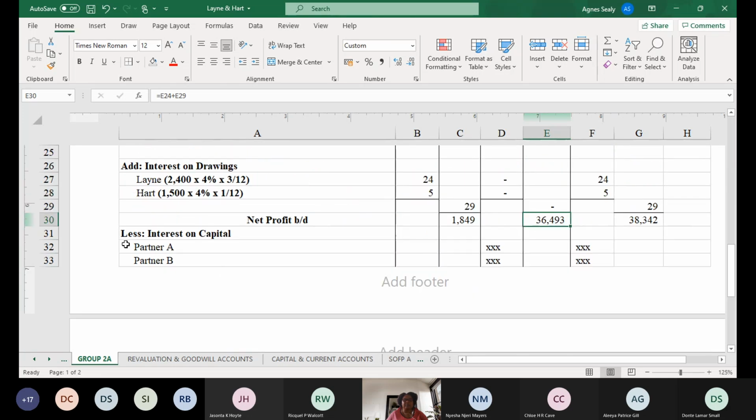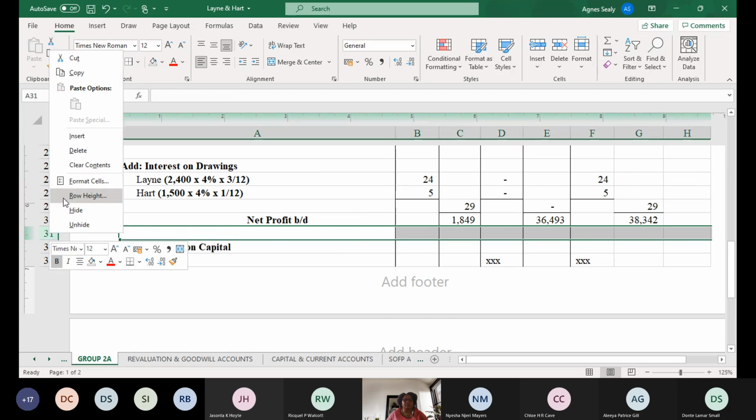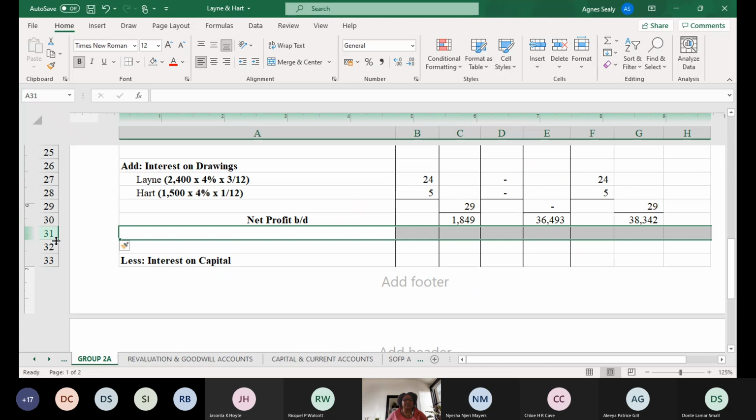All right, let me see if I can push this down a little bit so that I get all of my interest on one page.